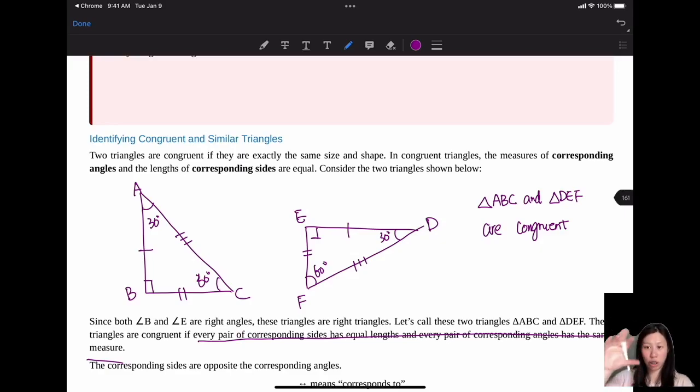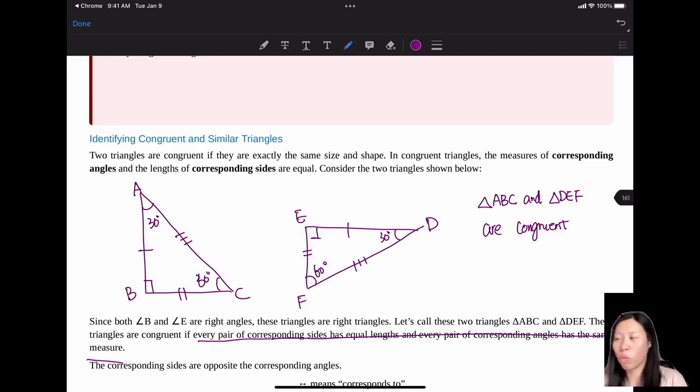Look, the positions don't have to look the same. They can be rotated 90 degrees or on another plane, that's fine. As long as the corresponding sides and corresponding angles are the same, then we claim this is congruence.